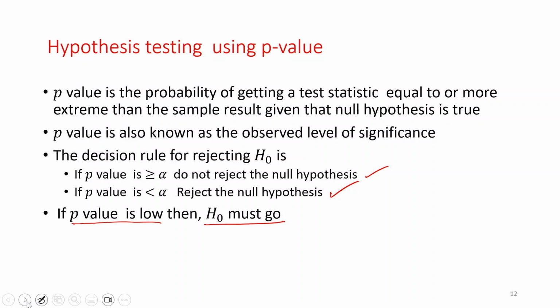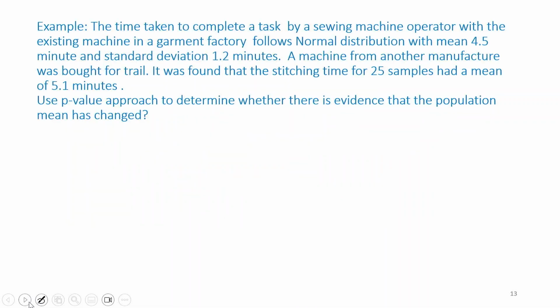So we'll calculate the p-values now. Let us take an example. The time taken to complete a task by a sewing machine operator with the existing machine in a garment factory follows a normal distribution with mean 4.5 minutes and standard deviation 1.2 minutes.